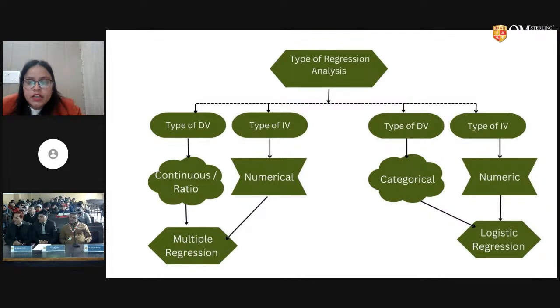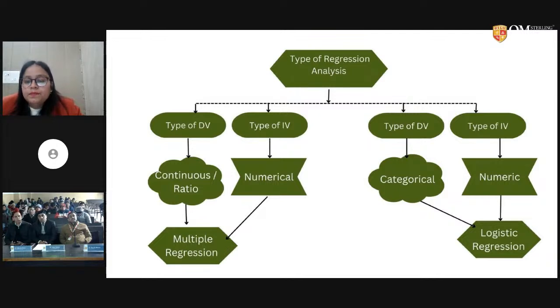Numerical is basically ordinal, ratio scale, interval scale. So if you are selecting multiple regression, these two criteria should be fulfilled: your dependent variable should be continuous or ratio scale, and your independent variable should be numerical.